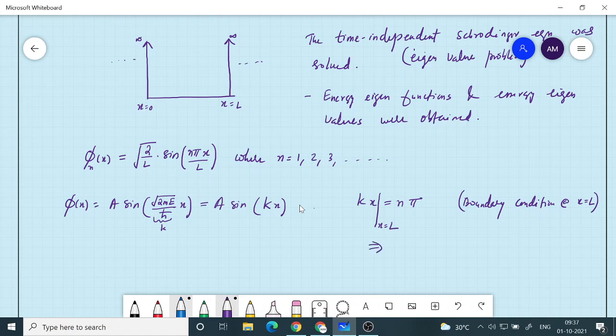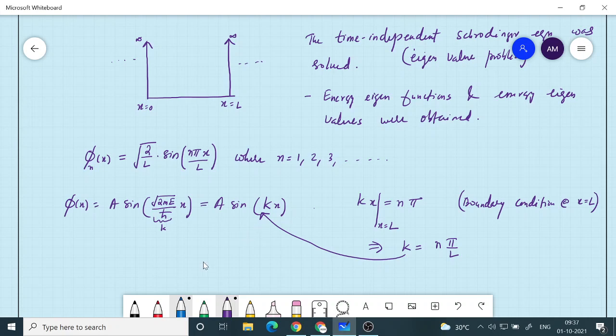So which will give that value of whatever we have defined as k should be equal to n pi by L. So when you substitute, that is how you get it as n pi by L into x. Okay, so this k is substituted back here, and that depends on n, so I can write it like this.